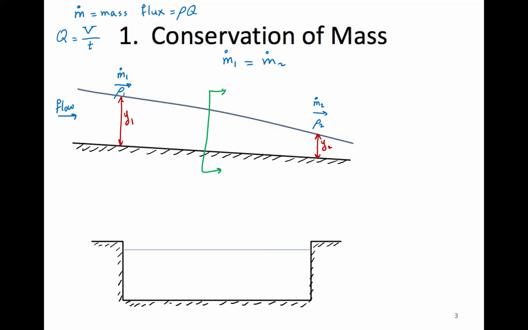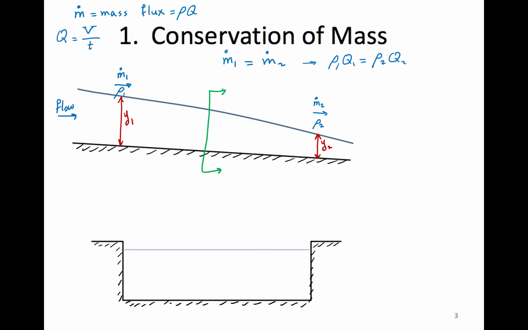You can do the math: if you multiply volume by rho, you get mass. So m dot is mass per unit time, mass flux. Okay, so conservation of mass says m dot 1 is equal to m dot 2. Let's just plug in the equivalent equation. So it means rho 1 Q1 is equal to rho 2 Q2.